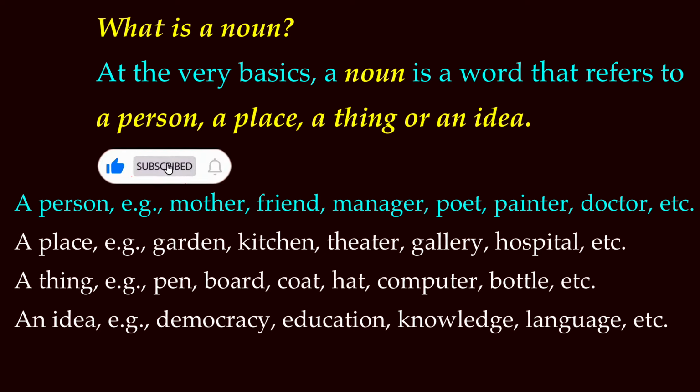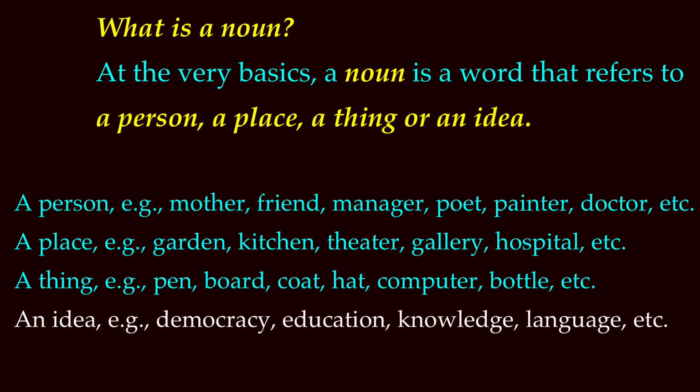A person, for example, mother, friend, manager, poet, painter, doctor, etc. A place, for example, garden, kitchen, theater, gallery, hospital, etc. A thing, for example, pen, board, coat, hat, computer, bottle, etc. An idea, for example, democracy, education, knowledge, language, etc.